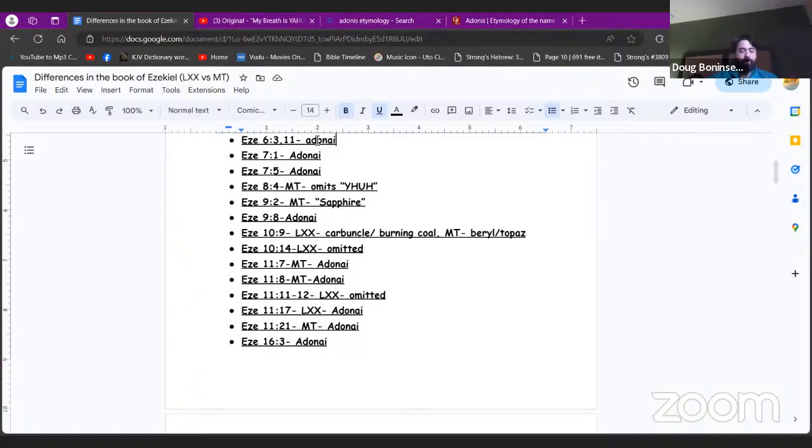So again, we have Adonai actually being added twice in Ezekiel 6:3. Now in the Septuagint, it just says, and you shall say, you mountains of Yasharel, hear the word of Yahuwah. Thus says Yahuwah to the mountains and to the hills and to the valleys and to the forests, behold, I bring a sword upon you, and your high places shall be utterly destroyed.